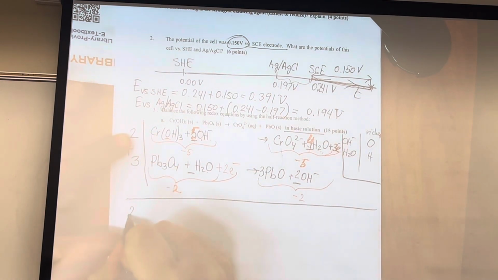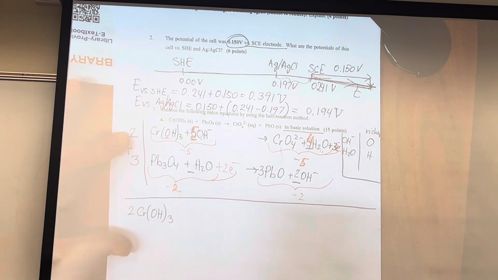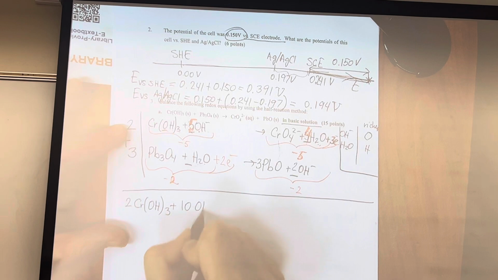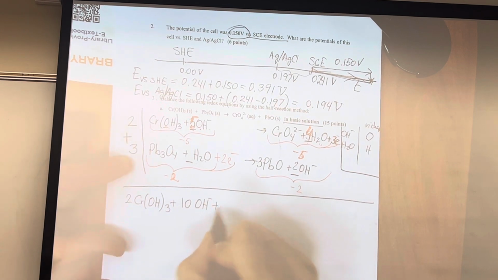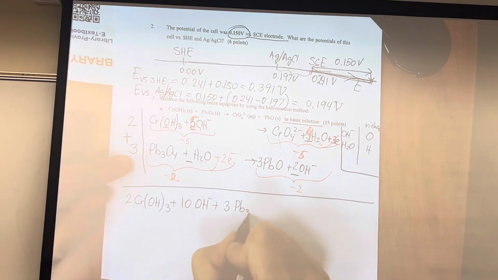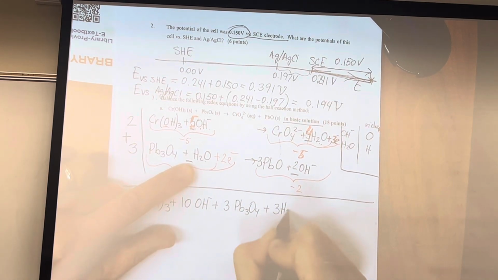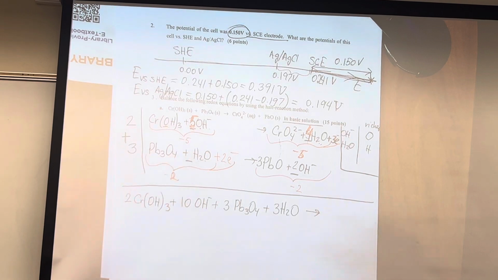So what do we have? 2 chromium OH3 plus 10 OH minus plus 3 Pb3O4 plus 3 waters. That was on the reactant side.